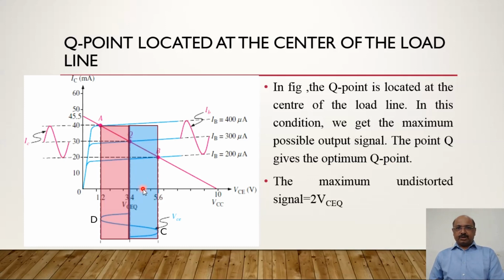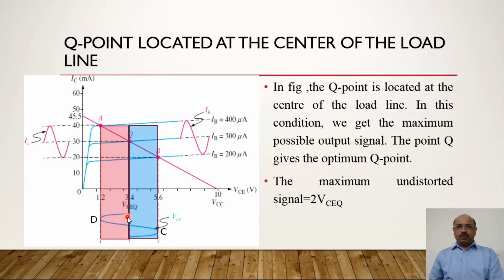And both of these distances will be the same because now the Q point is located at the center of the load line. So in this case, we get the maximum peak to peak output signal.